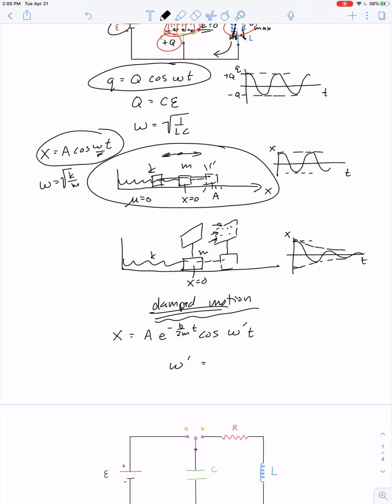Omega prime is equal to the square root of k over m minus b squared over 4m squared.